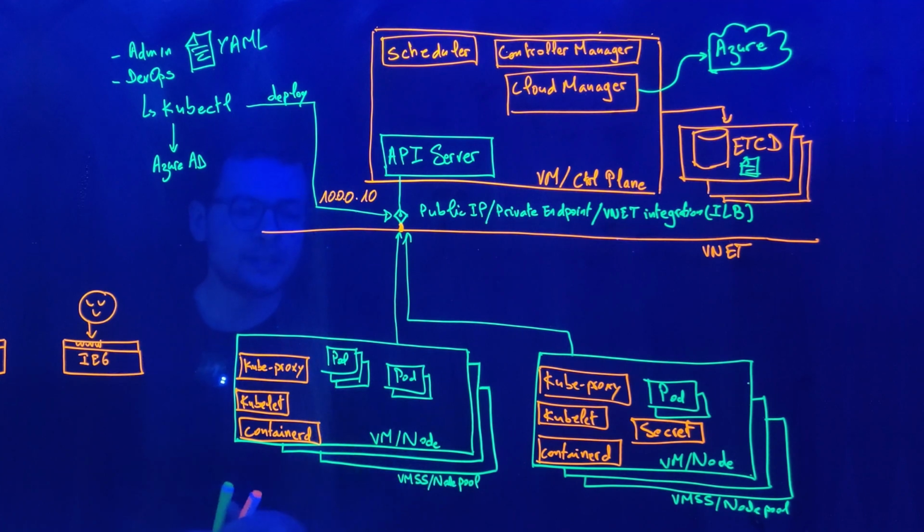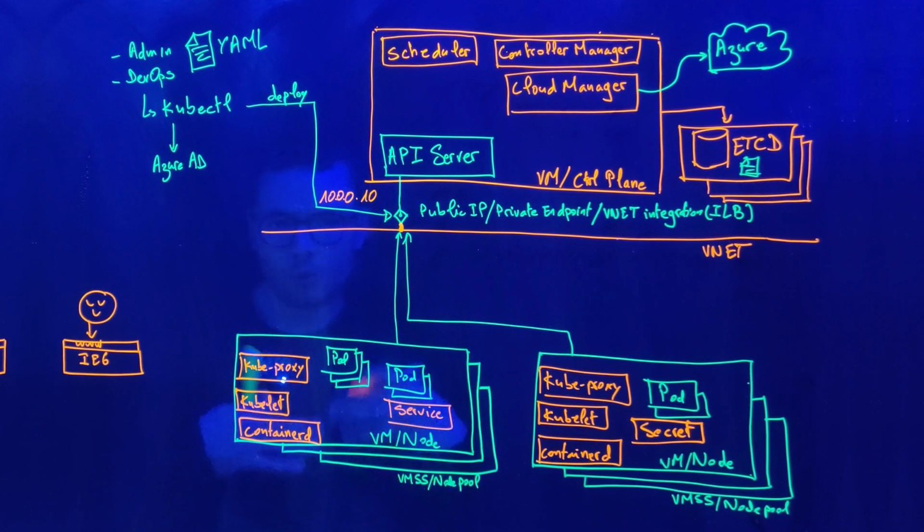So in Kubernetes, we can expose those services either through a public load balancer. So what I can do here is create a service of type load balancer, or public load balancer. And with that, a new public IP address will be created and attached to our load balancer.